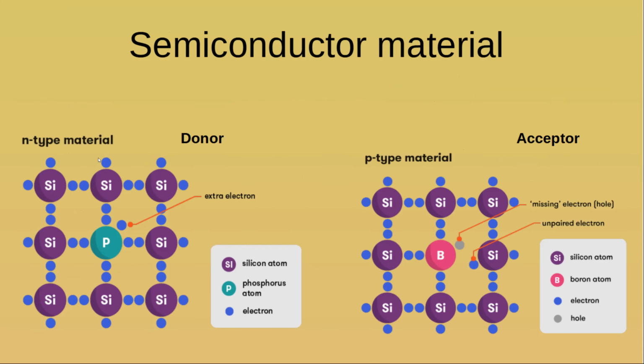So here is an N-type material where it's got, I believe that's a phosphorus atom, which is one of the things they use. And that has 5 electrons in its outer shell versus the 4 in the silicon. So you've got one that doesn't have a pair to match up with.